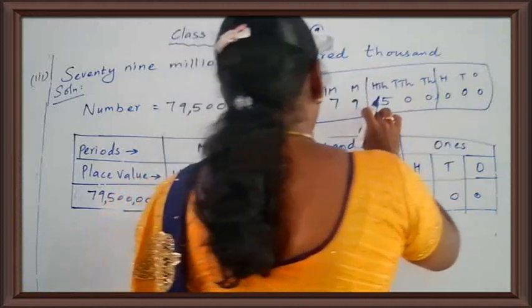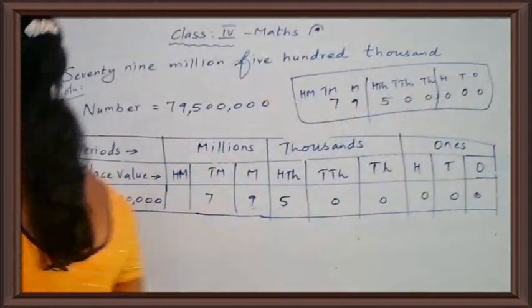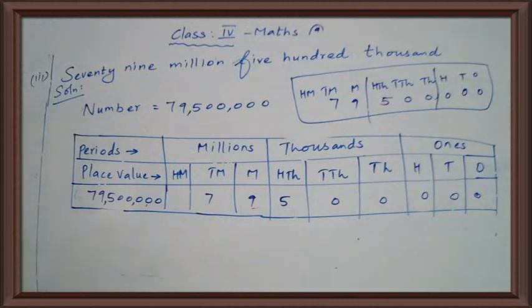Do it in the rough work area in your note. Then after that you draw an international place value chart and put the numbers in it. Use the scale when drawing the line.